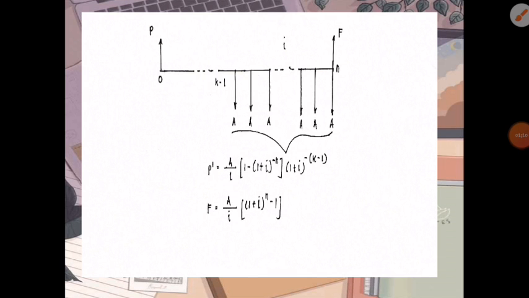To derive the formula for the deferred annuity, what we mostly look for is the present worth of the deferred annuity.